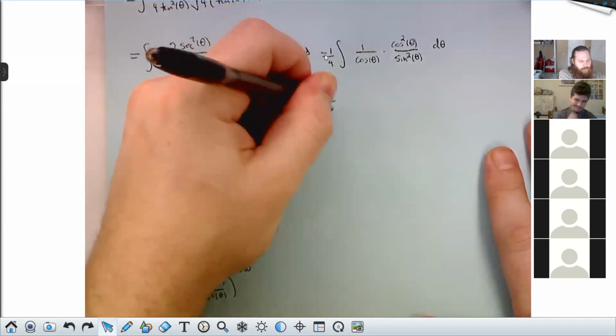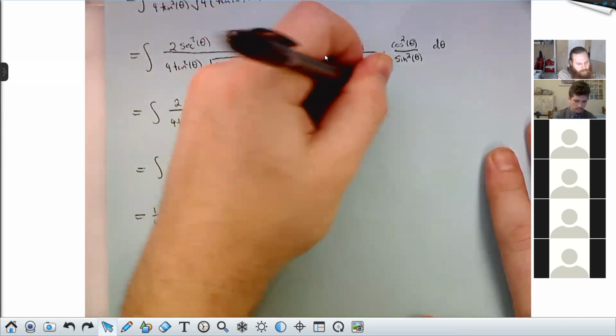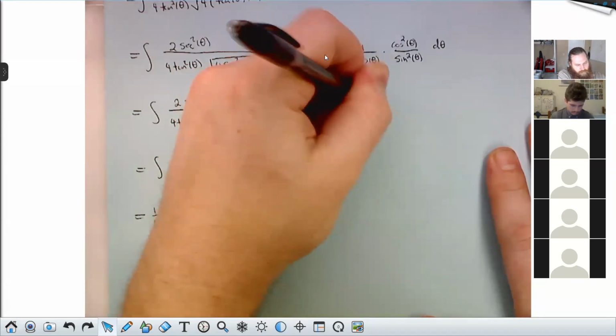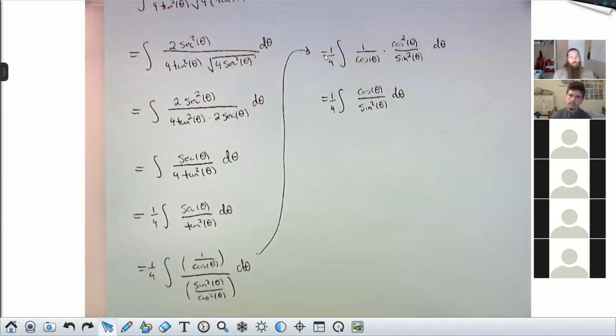So I'll get 1/4 integral of cos theta over sine squared theta d theta. And now I've reduced this to a 7.2 problem.